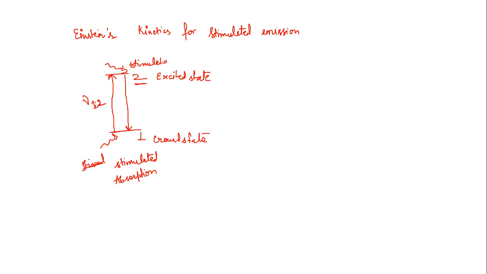With the help of a stimulus, meaning an external factor, that is a photon, the excited state comes to the ground state by emission of radiation, and that is why it is called stimulated emission. The third process, without any external stimulus, is from excited state 2 to 1, returning to the ground state, and that is called spontaneous emission.